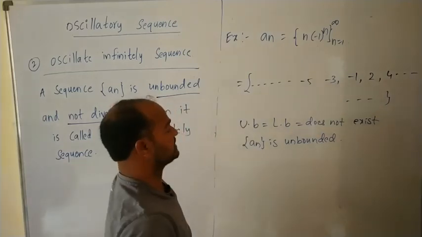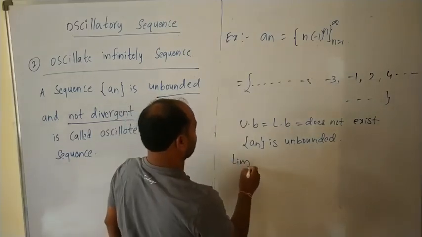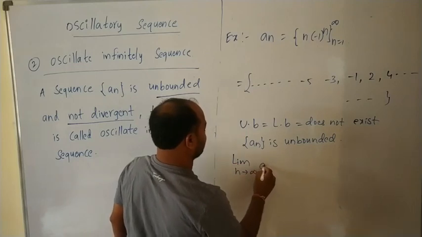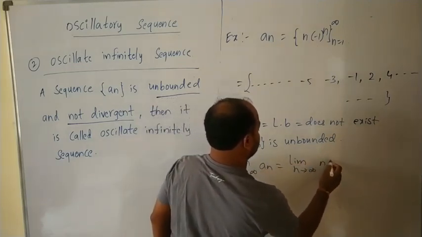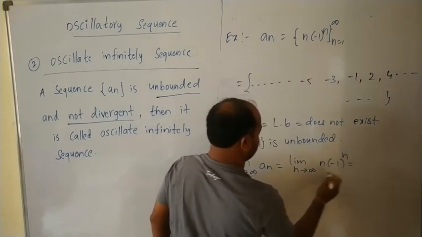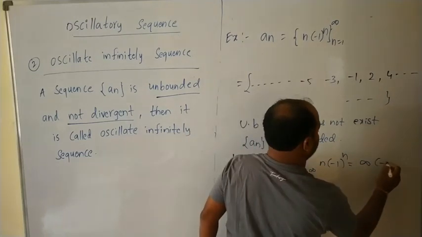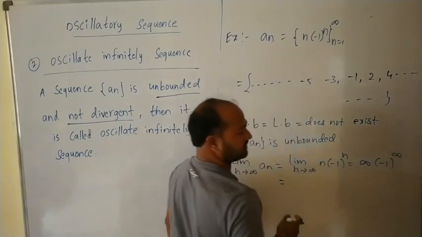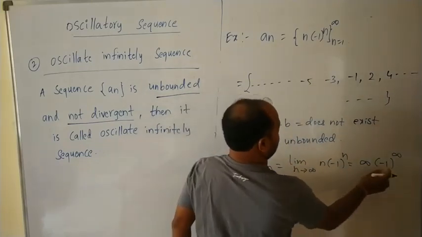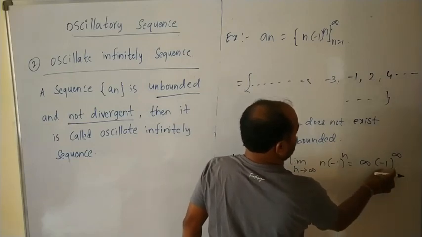Next let us find the limit. The limit as n tends to infinity of an is the limit of n into minus 1 whole power n, that is infinity into minus 1 whole power infinity, which is infinity into some value.